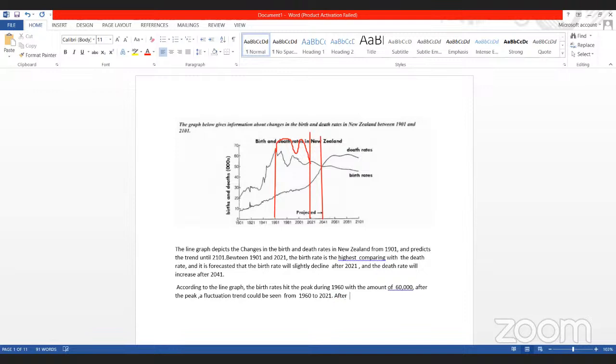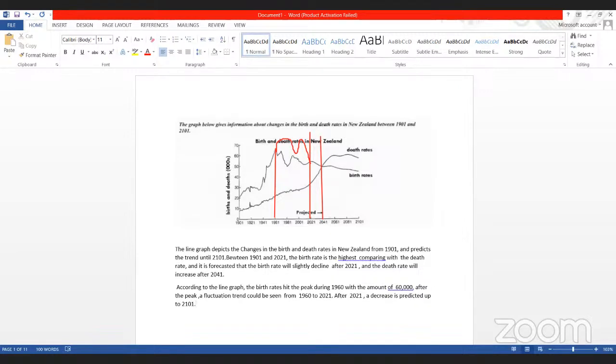After 2021, a decrease is predicted up to 2000, right?